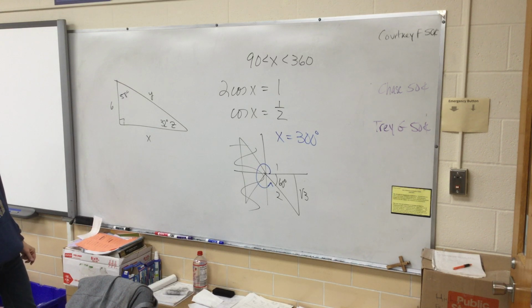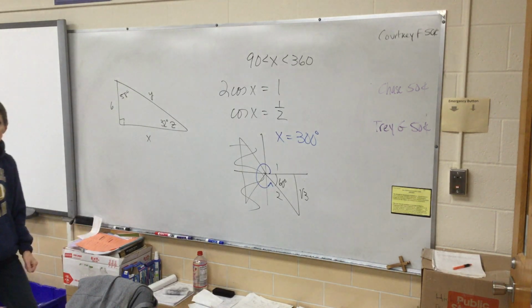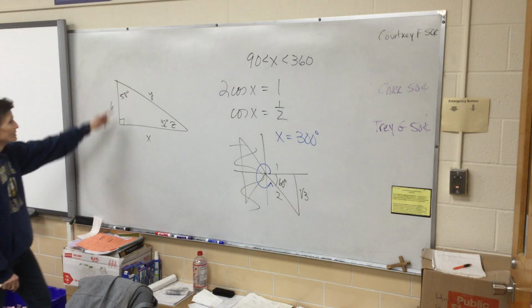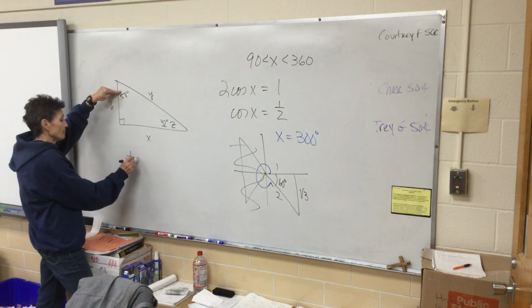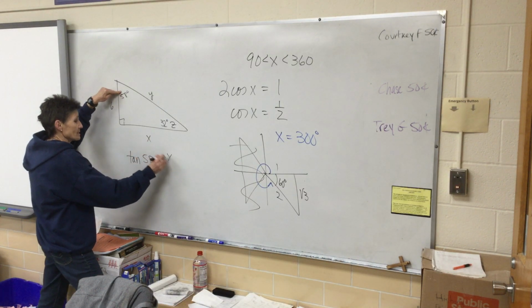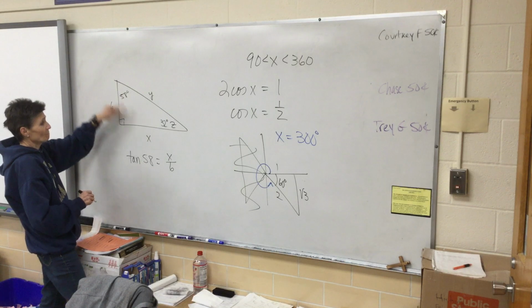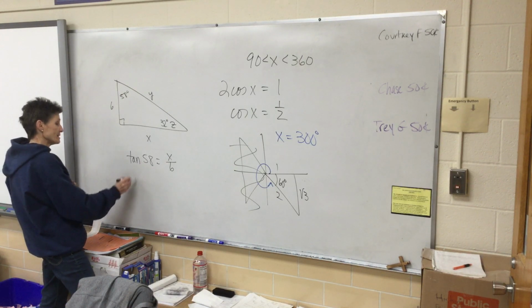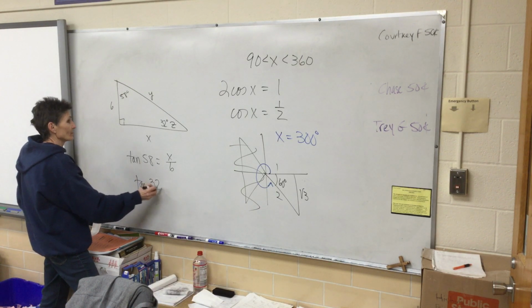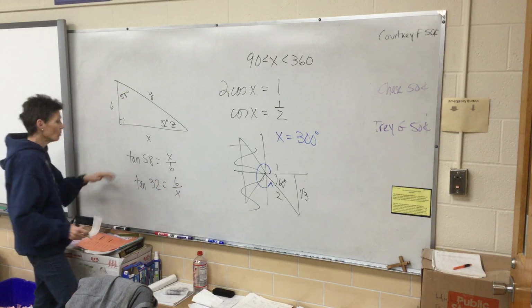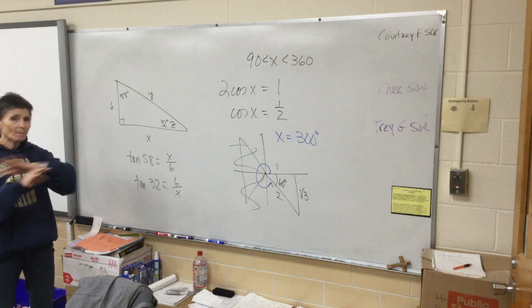Okay. It doesn't matter which one we find first. Let's find x first. I can say tan 58 equals x over 6. Or I could say tan 32 equals 6 over x. Whichever flips your switch, it makes no difference.